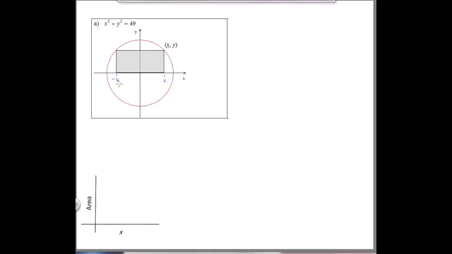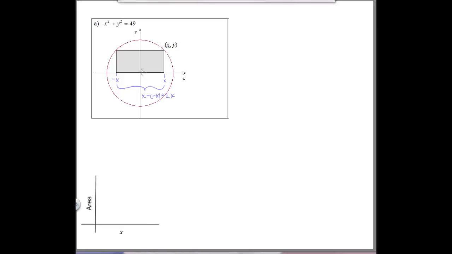So the total distance of this side is x minus negative x, which equals 2x.